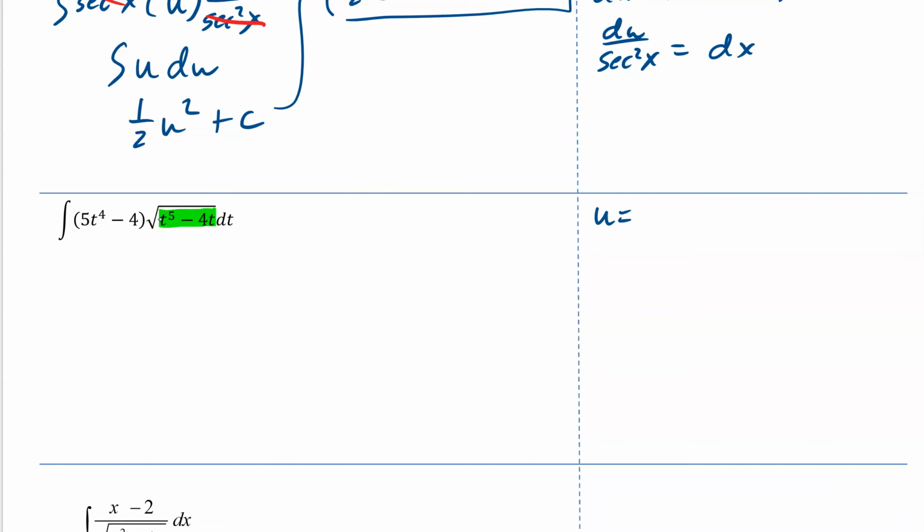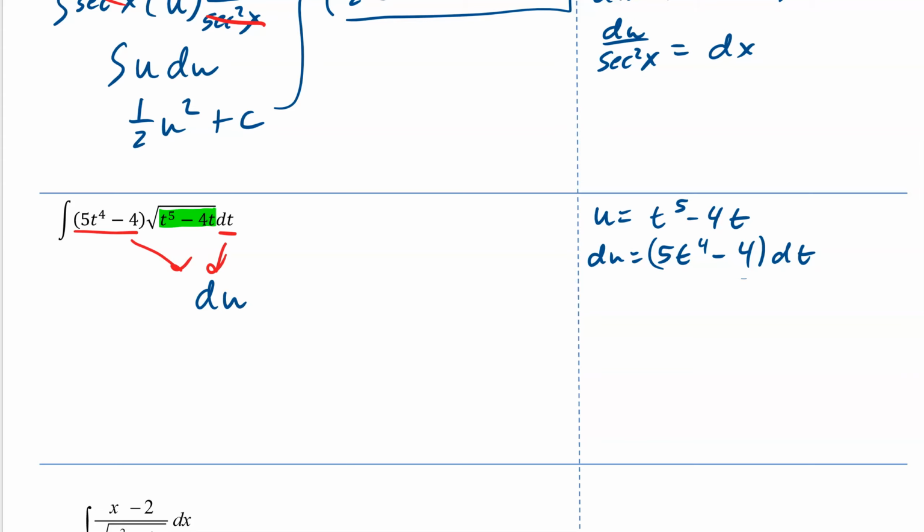So my u equals t to the 5th minus 4t. So now when I take my derivative, you can see that I'm getting the other one. And so now you can even just come back into this, go, look, that and that is du. So I can take these two and just say, well, those are du, and then rewrite it.